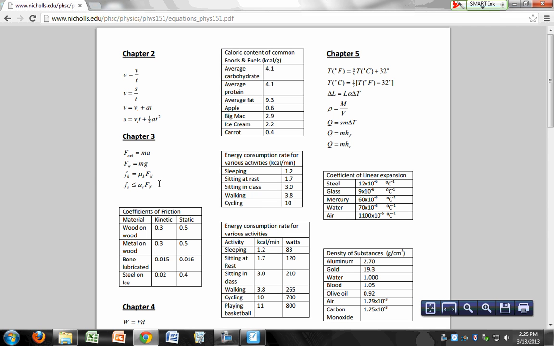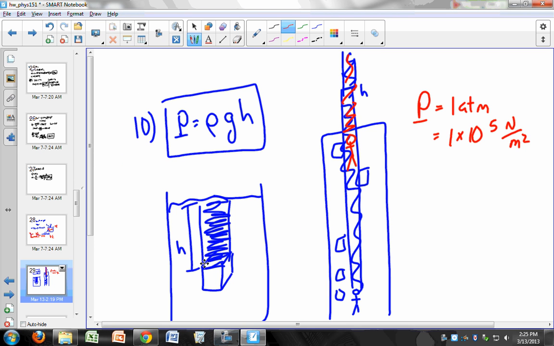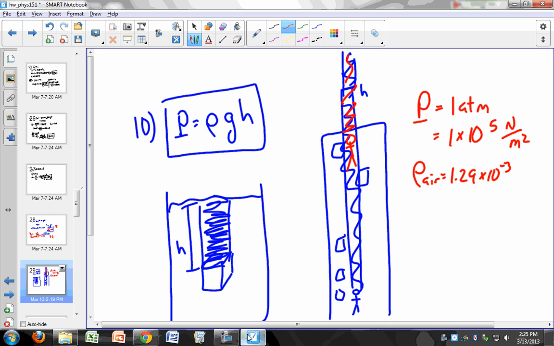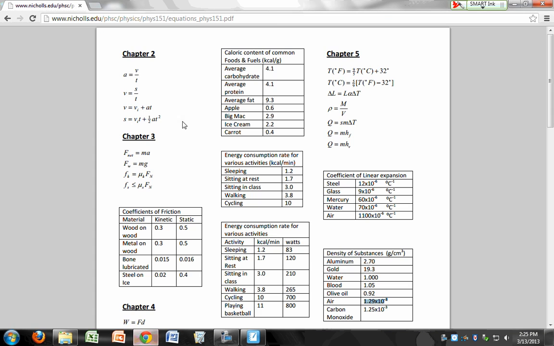Notice that I adjusted your equation sheet, so there are some new things on here. The density of air is 1.29 times 10 to the minus 3. That was in kilograms per cubic meter, I believe. No, it's in grams per cubic centimeter. Let's look it up.